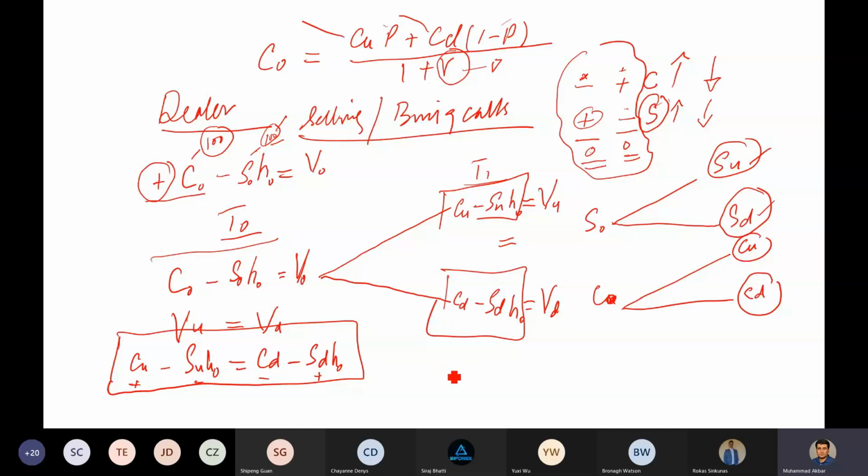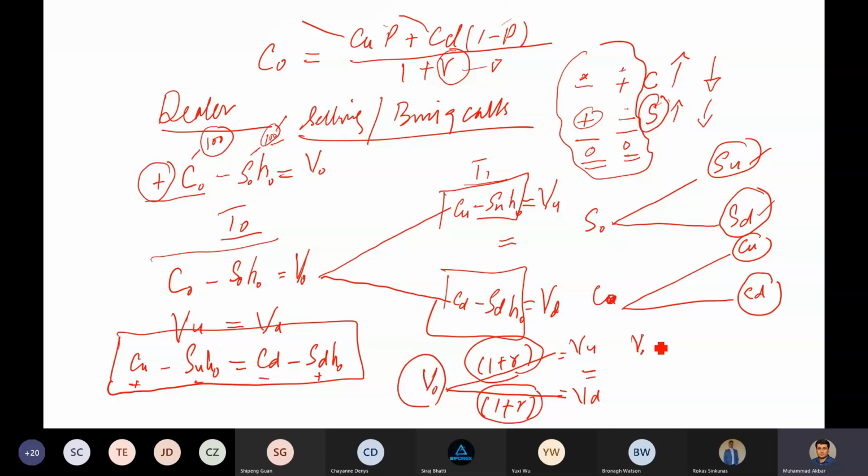That's the question. So let me first write it like this: V naught should be related to VU and VD by 1 plus R. That is, no matter the stock price going up or going down, the hedge portfolio, which today is equal to V naught, should be equal to VU or VD, which are both the same because the hedge portfolio always earns the risk-free rate.